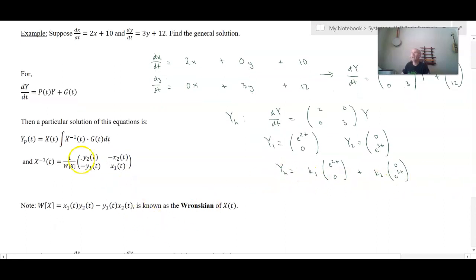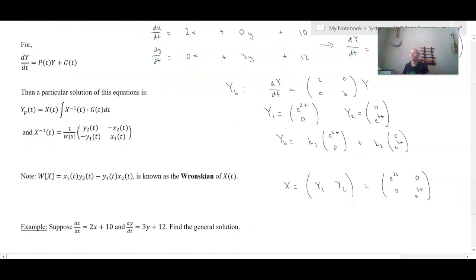Now to construct the X matrix, which we're going to need, it's going to consist of our two solutions, y1 and y2, as the columns. So we'll have e to the 2t, 0 and 0, e to the 3t. Perfect. So we have the X matrix constructed.